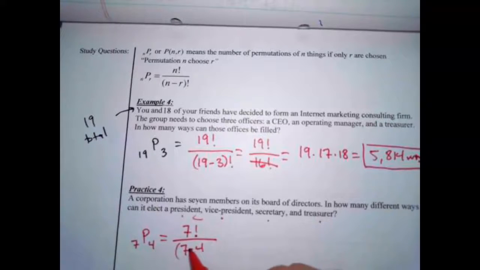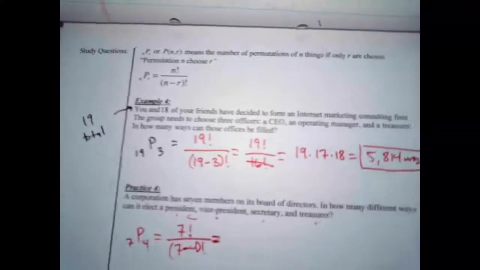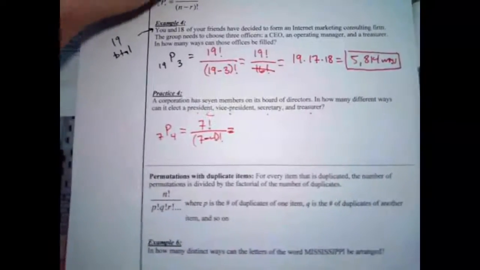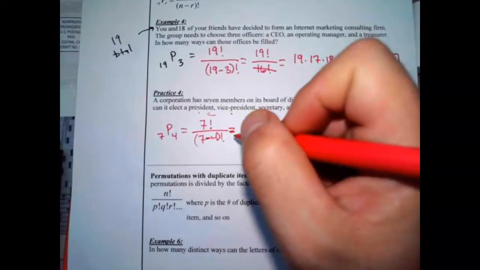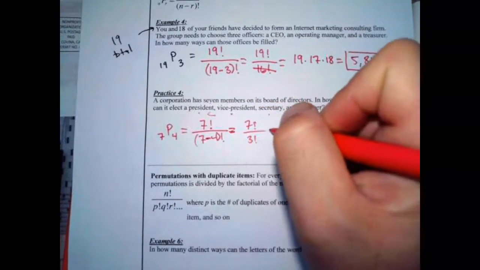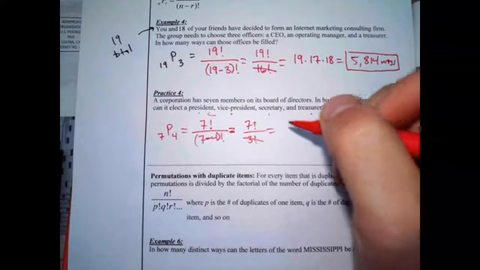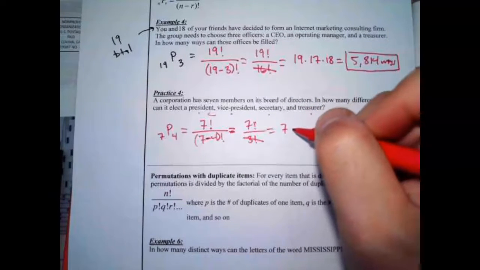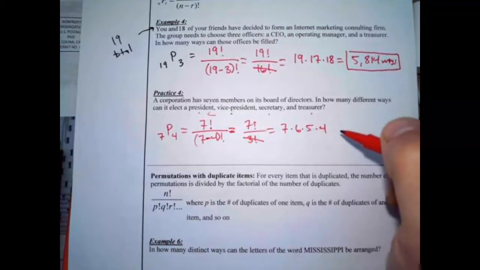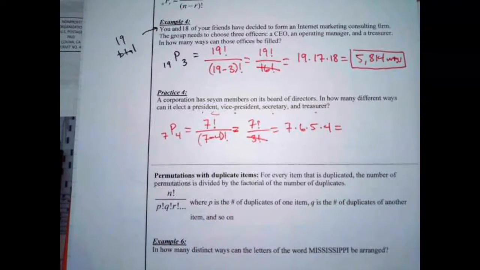7 minus 4 factorial. And again, be careful with these. They can be a little tricky as far as setting up and getting it all right. So 7 minus 4 is 3. That means basically the 3 factorial is going to cancel on the top and bottom, leaving me with 7 times 6 times 5 times 4.